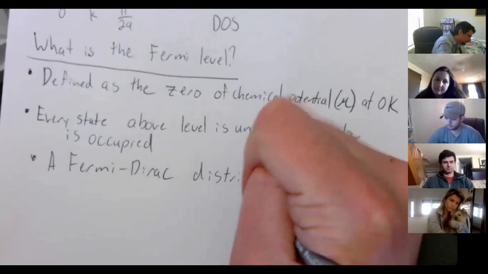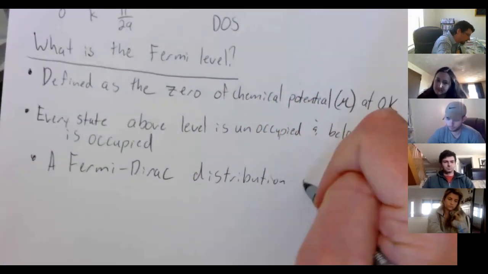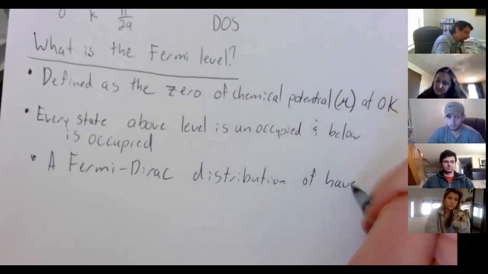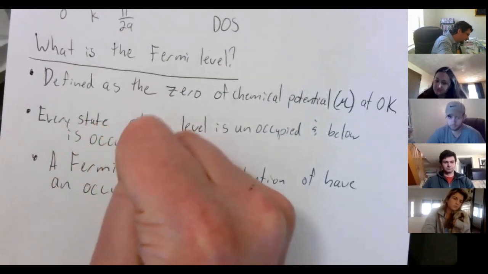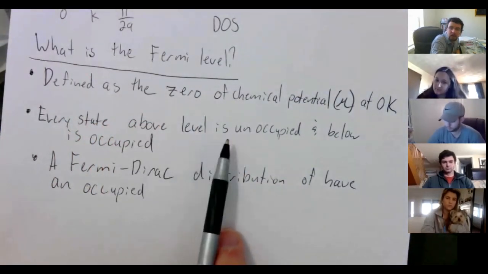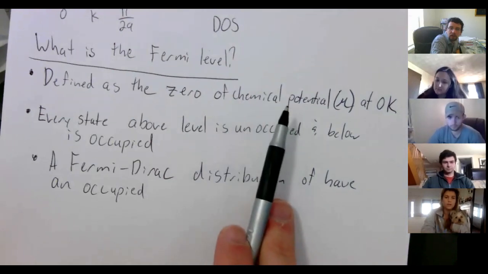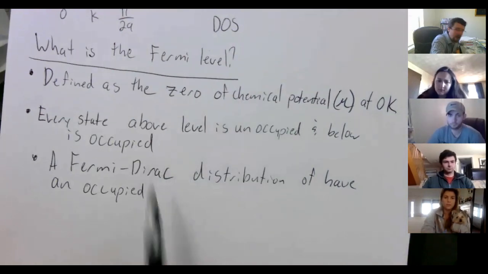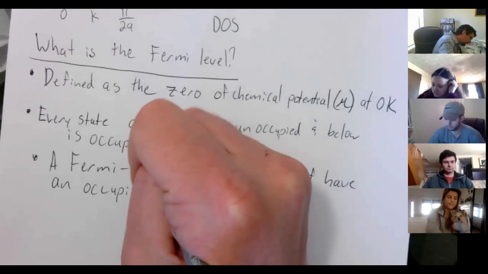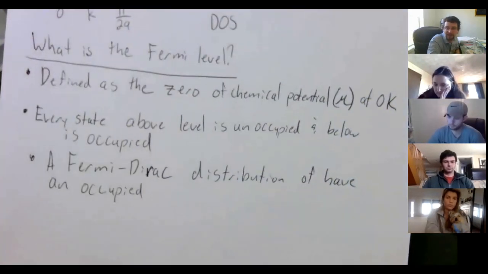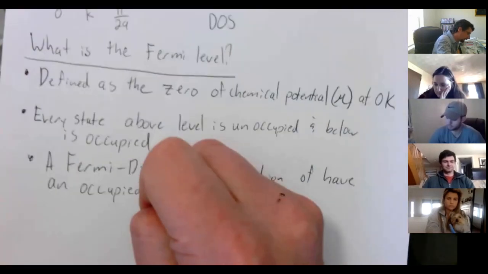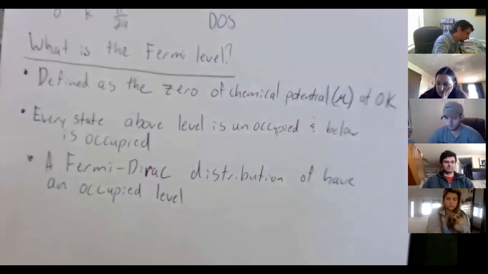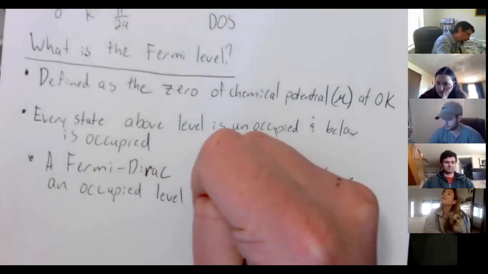Distribution of having an occupied level 50% of the time. What is that one after Fermi? Fermi-Dirac. It's named after Paul Dirac.